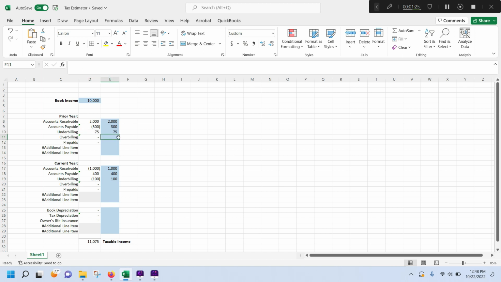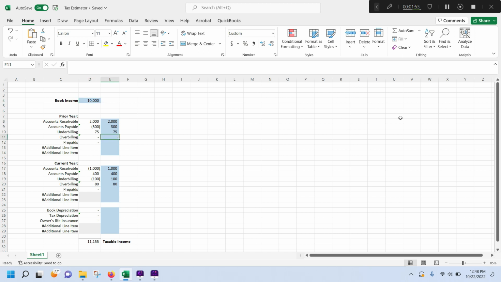Similarly, with your overbillings, reduce your income up here. That's a reduction. So what we want to do is add that back. So assuming your overbillings are $80 in the current year, we're adding that back to this book income because ultimately it was reducing it.